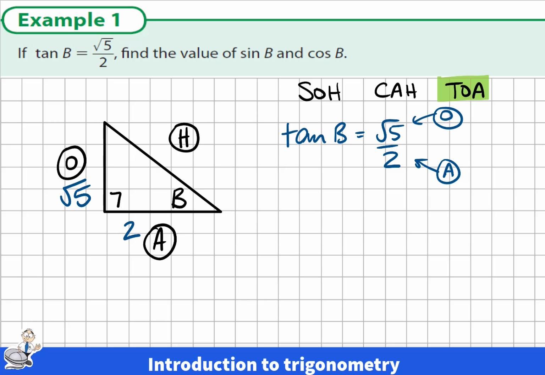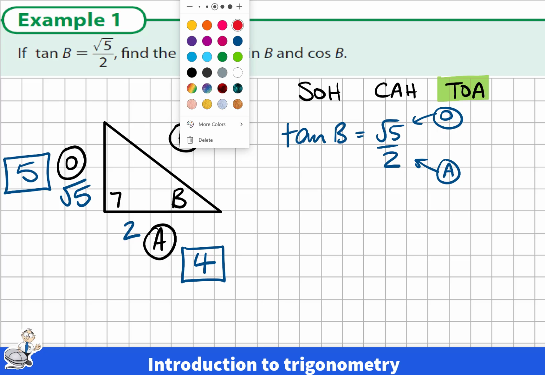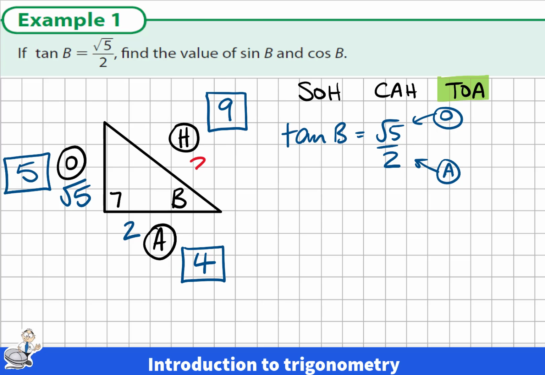So firstly, if we square 2, we get 4. And if we square root 5, root 5 by root 5 gives us 5. So we add 4 and 5 together to give us 9. And the square root of 9 is 3. So the hypotenuse must be equal to 3. So now I can answer the other questions.